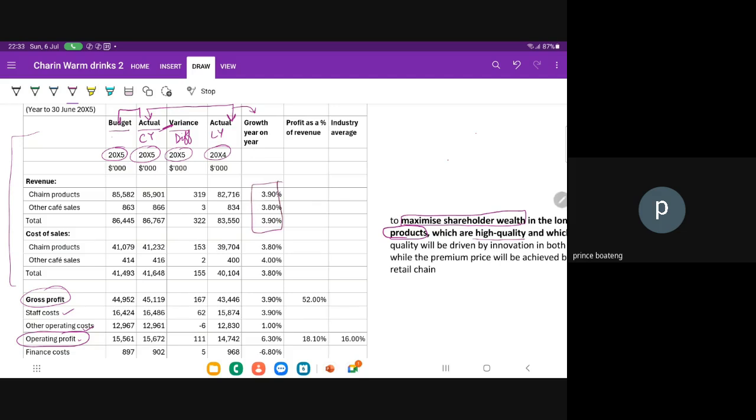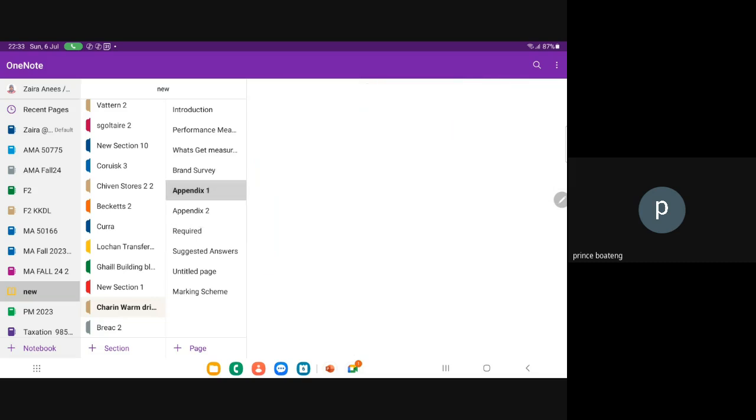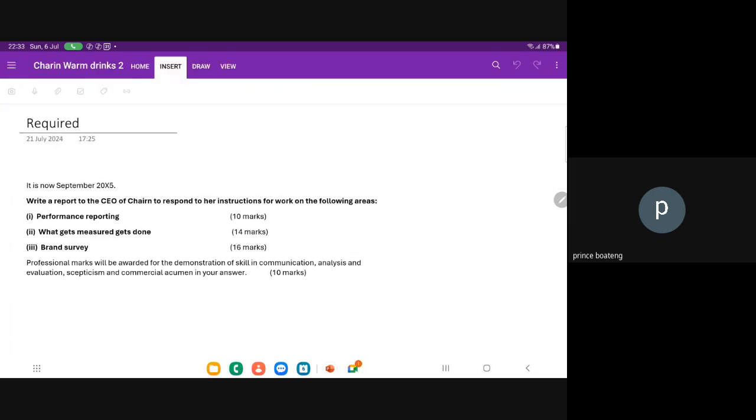Okay, but before that, I forgot to do one more thing. We forgot to do the marks distribution. This is for 10 marks, right?